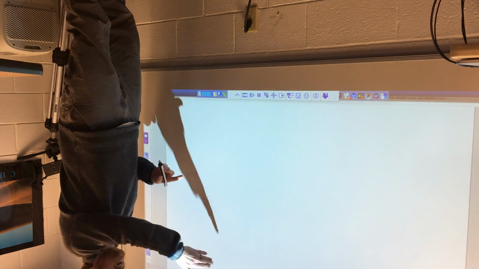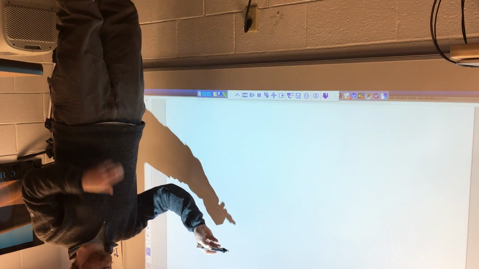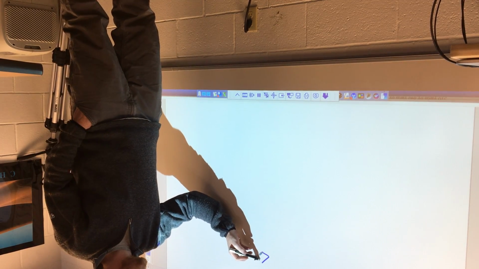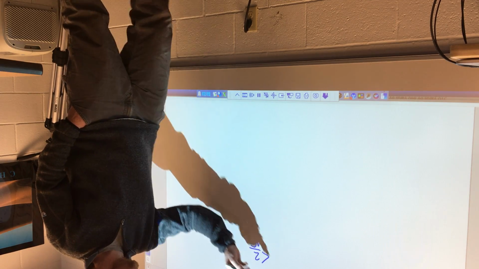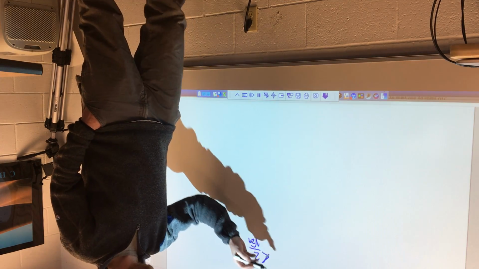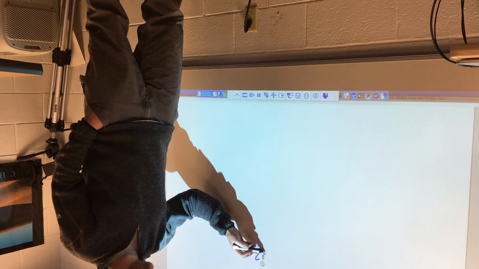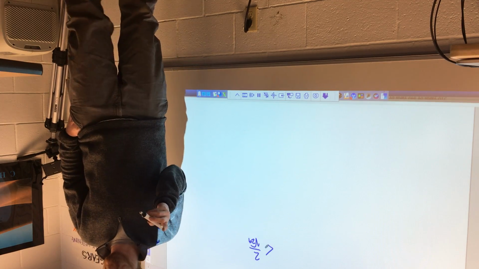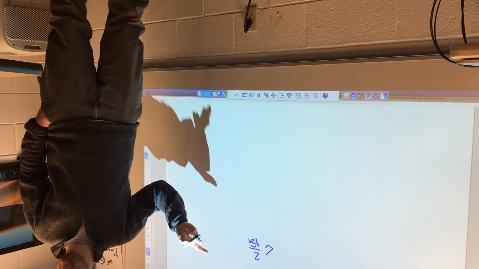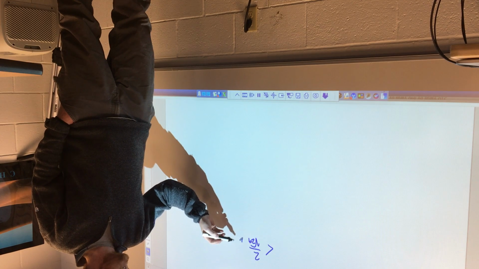So what I can do is find the unit vector here. Don't you just need 9 divided by that thing and then multiply them?